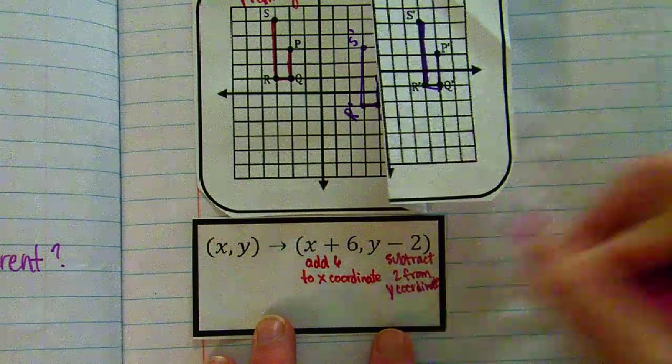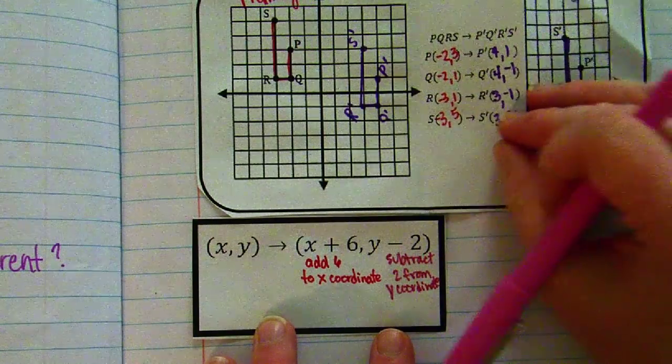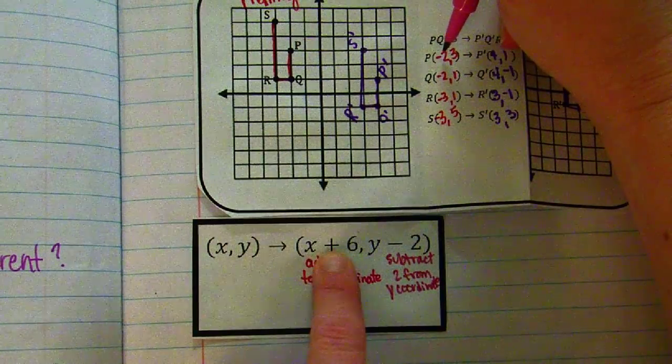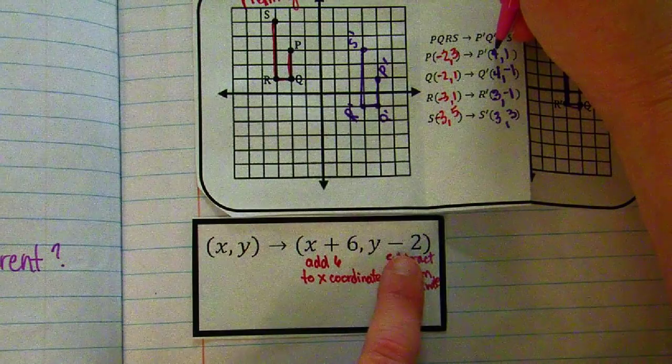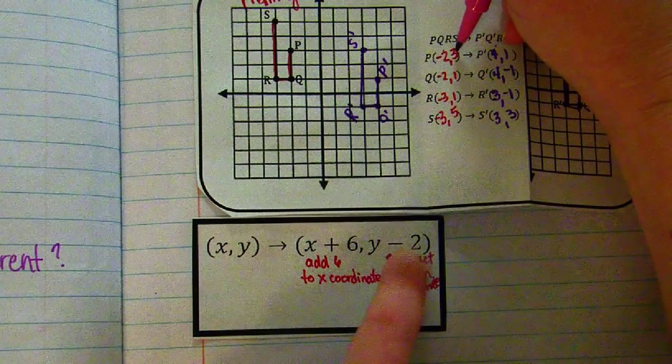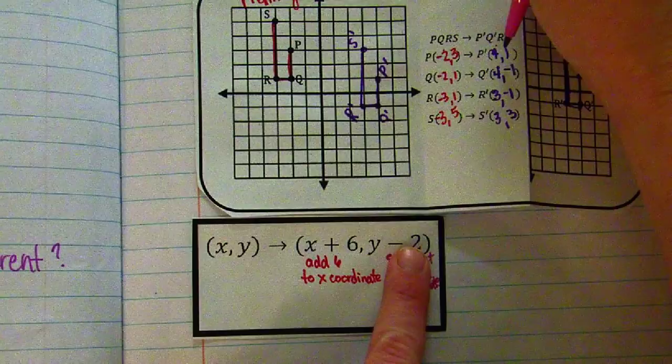So if you had to do it mathematically without the pictures, we could do that. So -2 plus 6 is 4, and then the y, 3 minus 2 is 1. So we could do it that way.